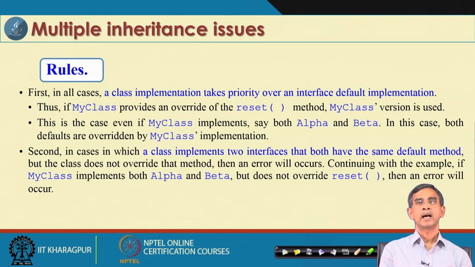If the two methods are the same in the interfaces, in the sense that they have the same return type and the same list of argument types, then there is absolutely no problem, you have to override only once. Otherwise, all the methods which are there we have to override in the class implementation of the interface.